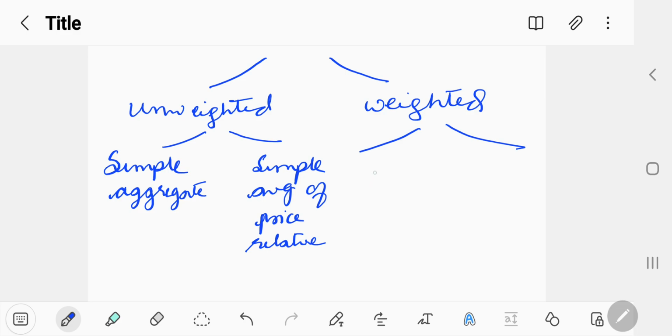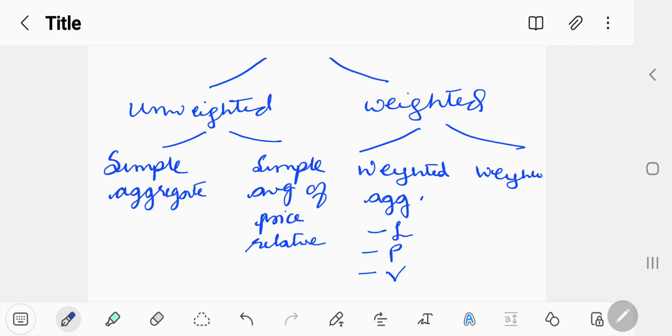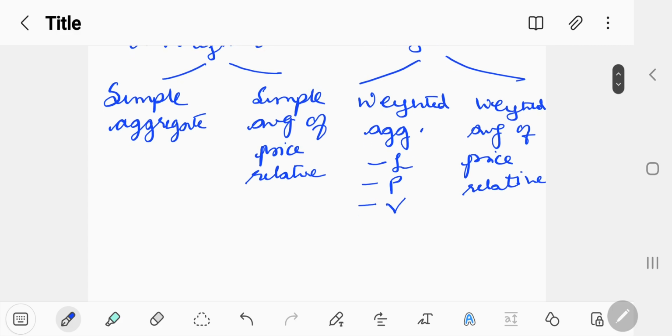In the case of weighted, also we have weighted aggregate, in which there are three methods: Laspeyres, Paasche and value. And similarly we have weighted average of price relative. I will be starting with unweighted.